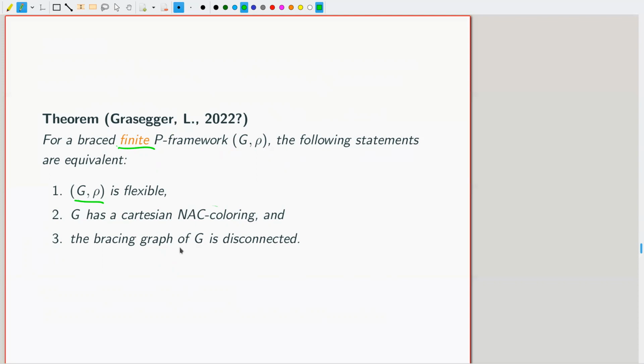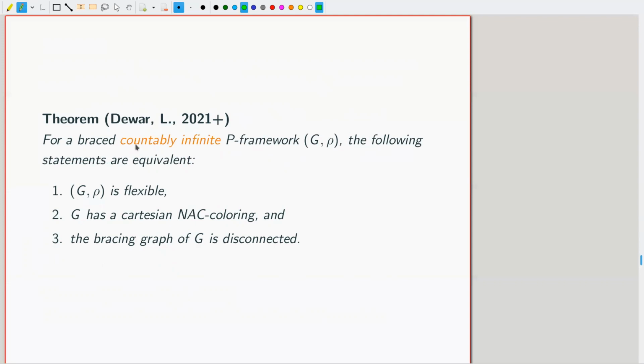They correspond to the connected components in the bracing graph. And probably you expect this, because the word finite here is underlined and emphasized, that we can do the very same thing also for countably infinite P frameworks. So this somehow brings us towards the Penrose tilings, because those are infinite. So the theorem is the very same, just for a larger class of graphs or P frameworks.